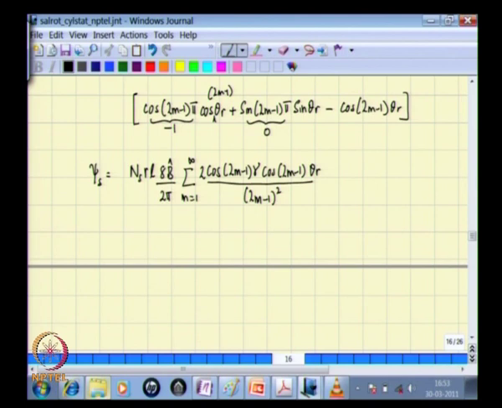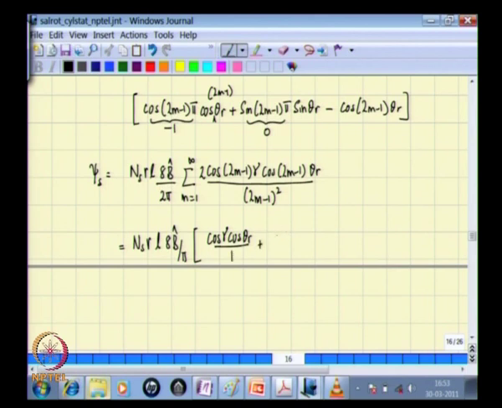So let us simplify this a little by expanding it, and we will write the terms individually. So what you have is ns into r into L into 8 b hat by pi multiplied by, for m equal to 1, cos gamma cos theta r by 1.